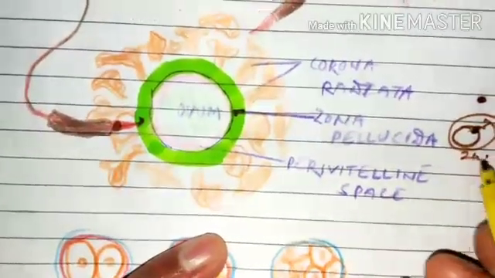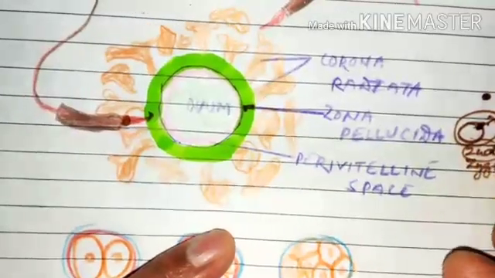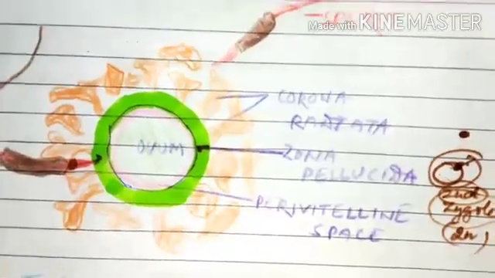This structure is the zygote, and the zygote is diploid. You know, this sperm is haploid, and the oocyte is also haploid. That's why a diploid structure is formed by their fertilization or by their fusion.